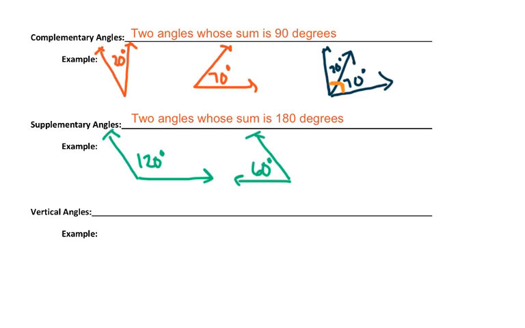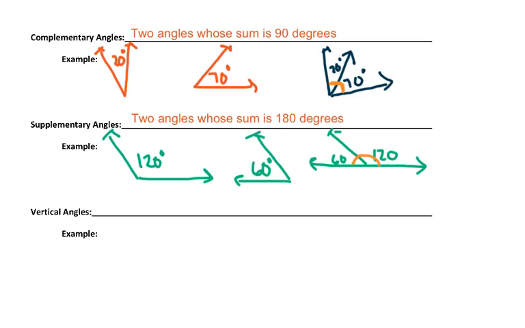Those are supplementary angles. If we put those two together, here's the 60 and the 120, together they form a 180 degree angle, which is a straight angle. So this last example are supplementary angles that are also adjacent.